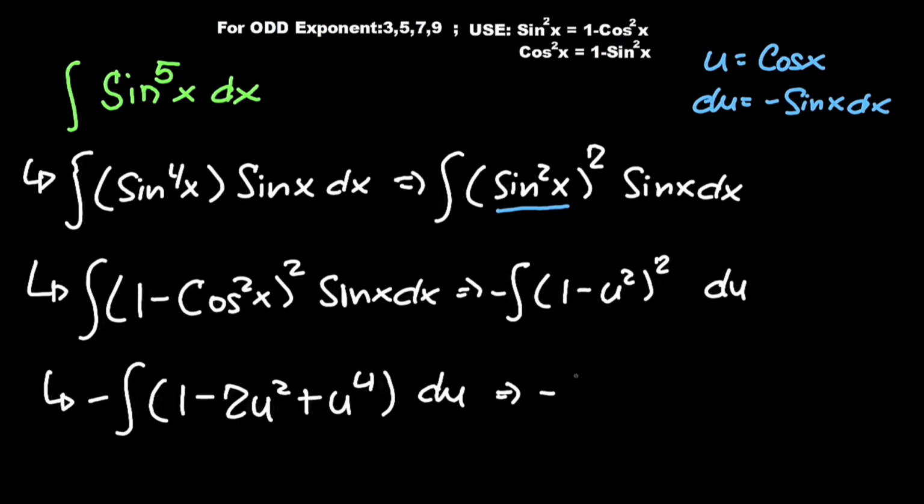And so, integrating this one by one, the integral of 1 du would be u. The integral of 2u squared would be equal to 2u to the power of 3 over 3, and the integral of u to the power of 4 would be u to the power of 5 over 5 plus c.